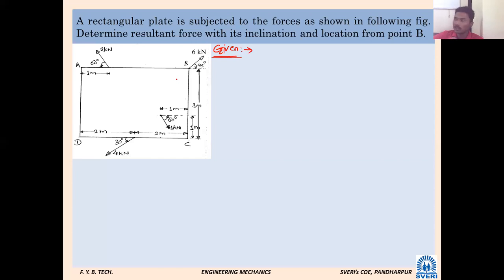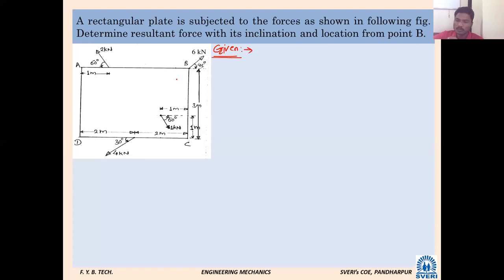Okay. How many forces are there in this system? 4 forces. Very good. My simple questions I will ask. How many? 3 or 4? 4 forces. Very good. What is the size of the rectangular plate? 3 meter and 4 meter, sir.